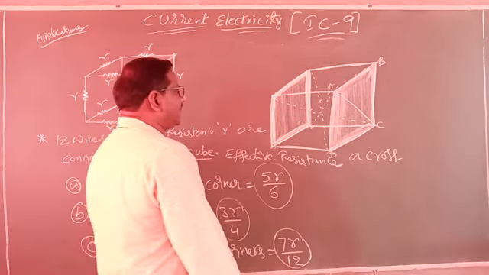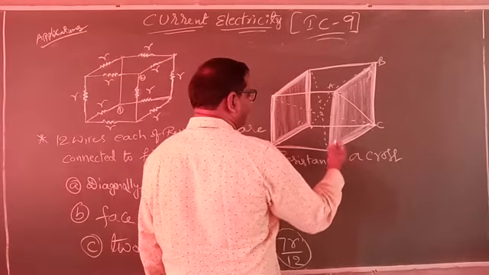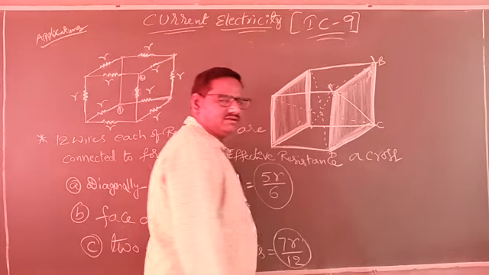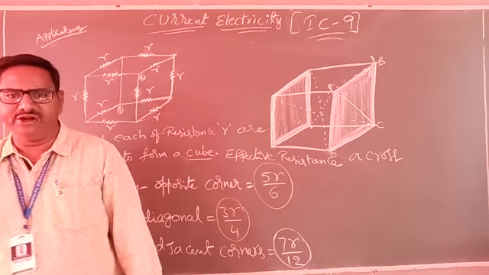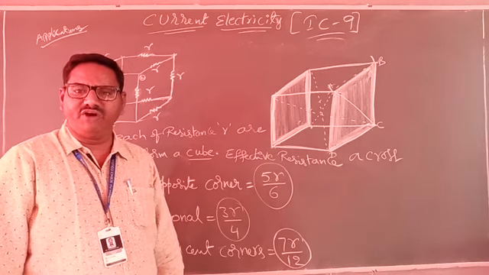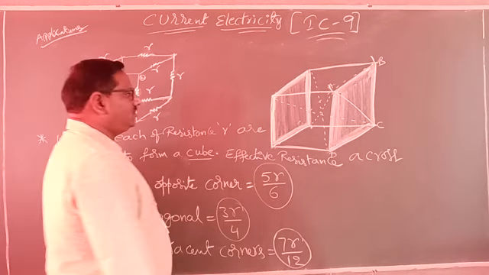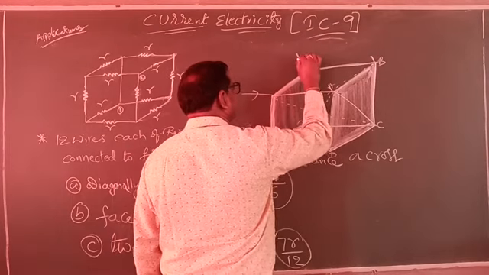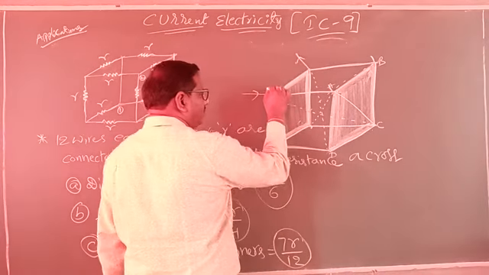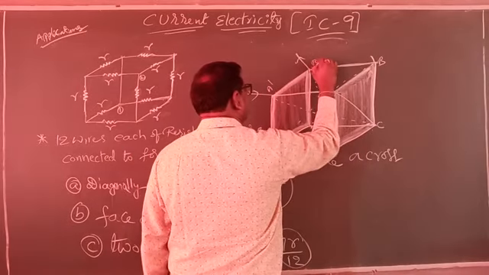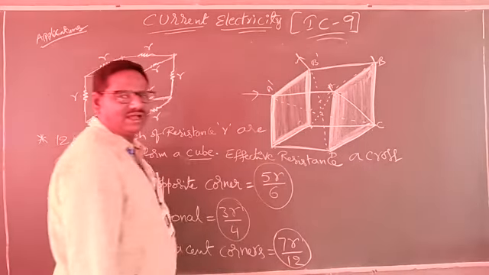Similarly, two adjacent corners. Two adjacent corners means A, B, C, D we wrote. Any one. A to B, one adjacent corner. Distance between A to B, as shown in the figure, like that. A to B, one adjacent corner. Now suppose they ask, current will pass in here and current will come out here. Now you can treat this as A dash, B dash, one corner.